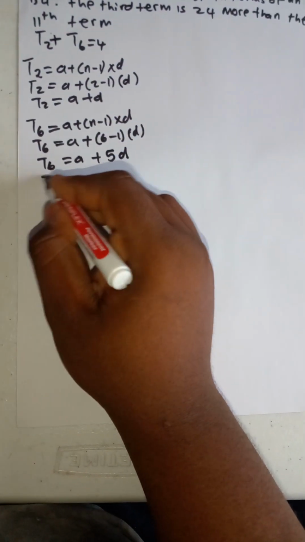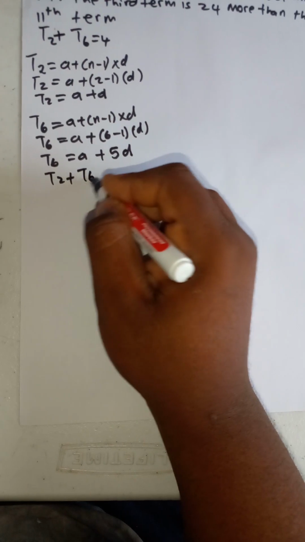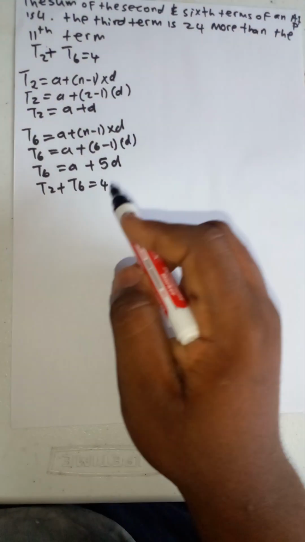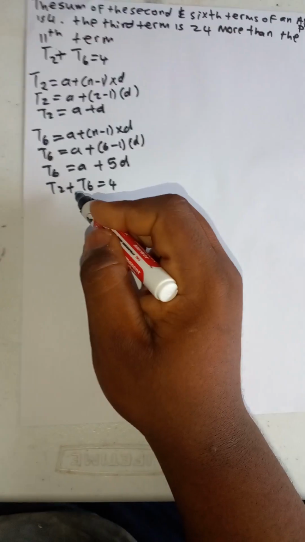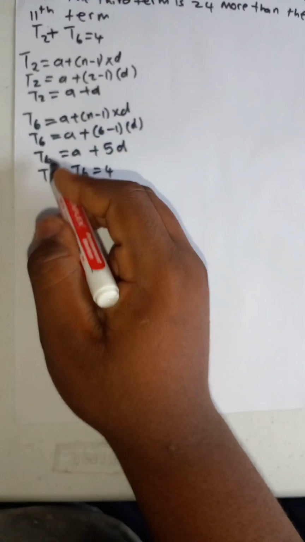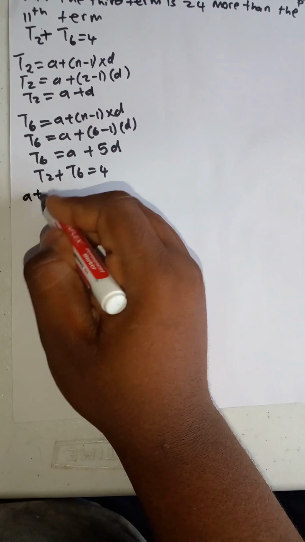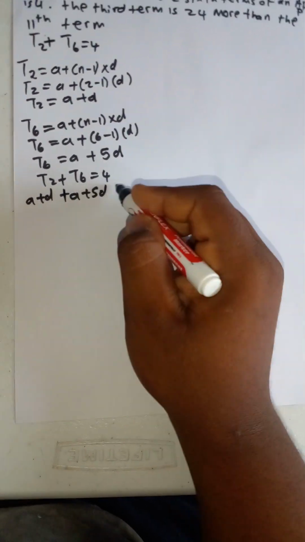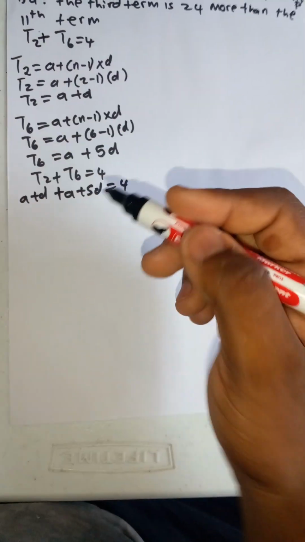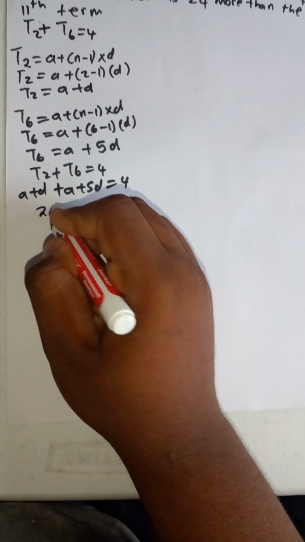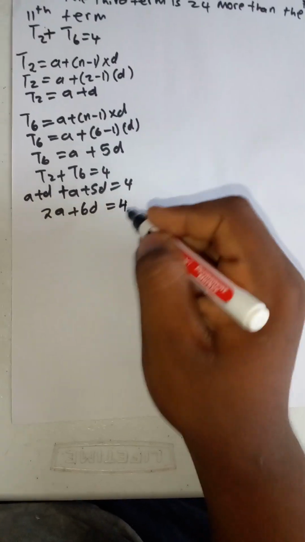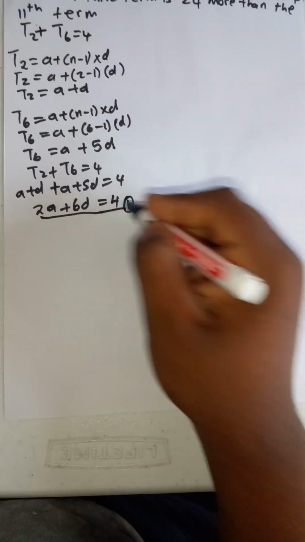So now we can conclude that T2 plus T6 equals 4, because they said the sum of the second and sixth terms equals 4. T2 is a plus d, T6 is a plus 5d, equals to 4. Let's collect like terms: a plus a is 2a, d plus 5d is 6d, equals to 4. This one will be our equation 1.